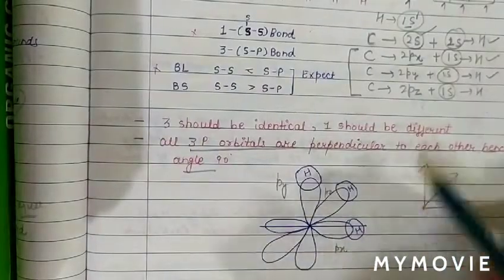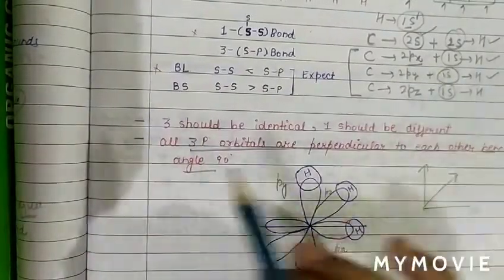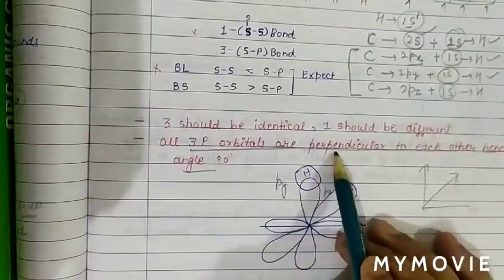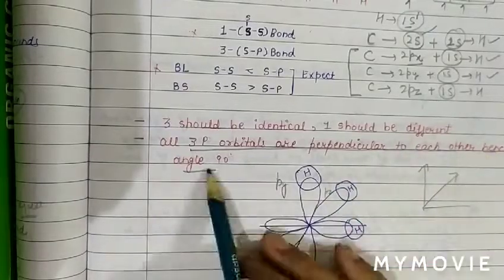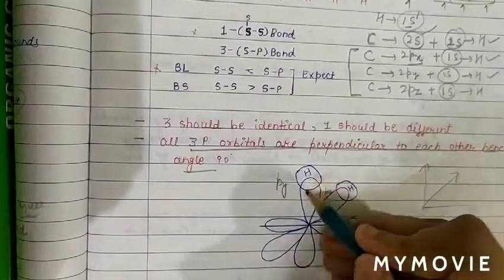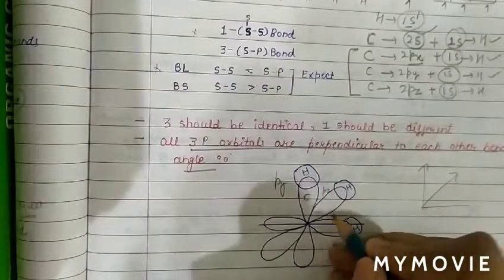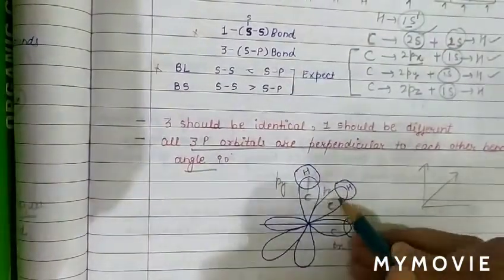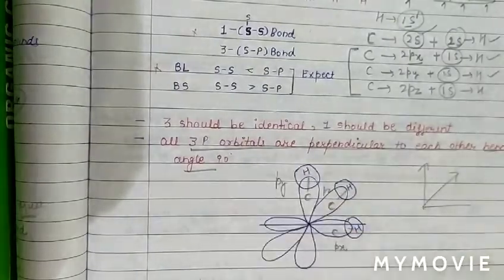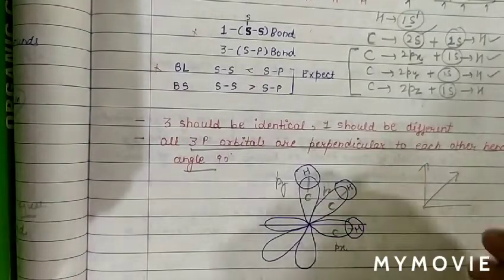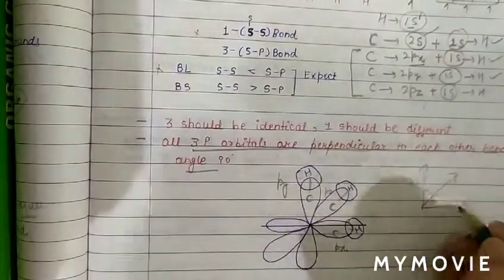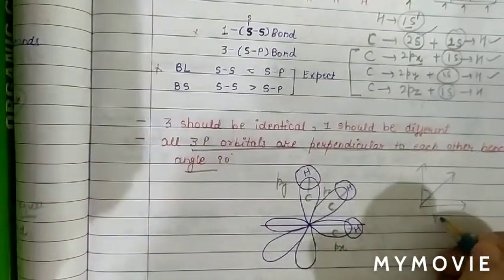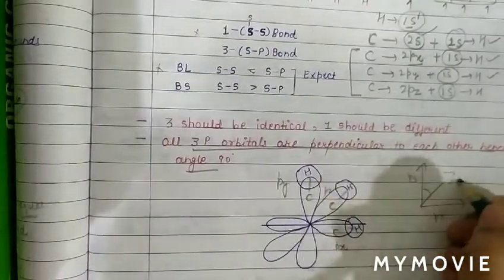So 3 p orbitals are perpendicular to each other and at an angle of 90 degrees. So there is a carbon hydrogen bond, another carbon hydrogen bond, and another, and these bonds are at an angle of 90 degrees because they are mutually perpendicular to each other.